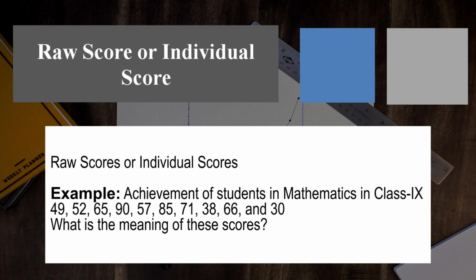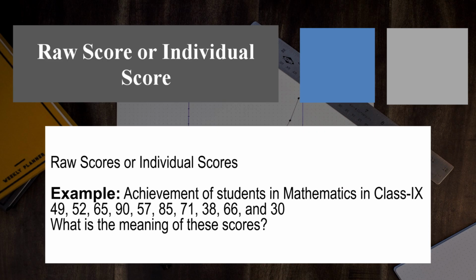If I ask you a question, what is the meaning of these scores? How can you define these scores? Because here you are not using any statistics and you are not able to analyze, since only raw scores are given. Simply you can say that 49 is an individual score.